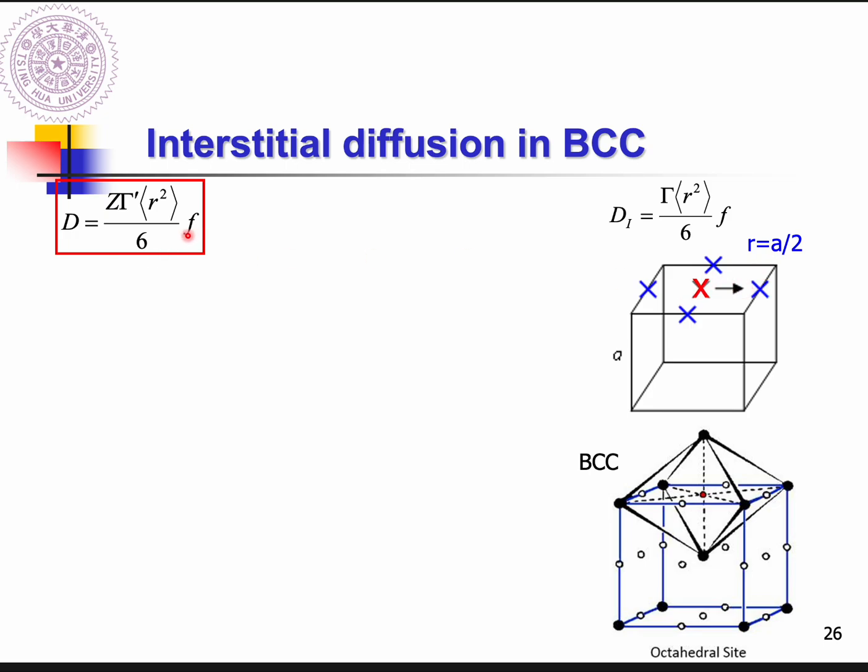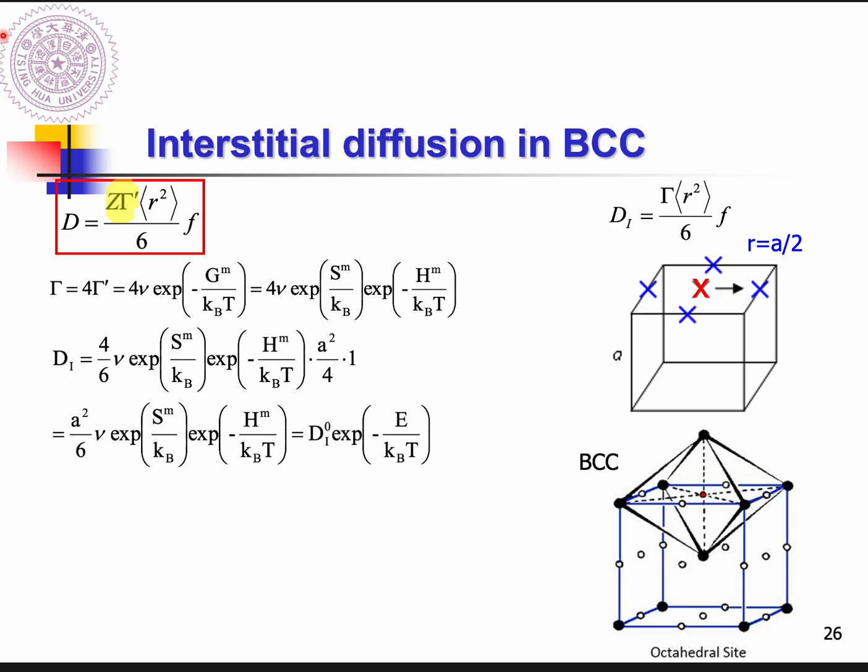And because it is interstitial diffusion, as you know, your solute atom at the interstitial site can jump to any interstitial site. This jump is not related to the previous jump or the next jump. So f equals 1. Okay, so here z equals 4.